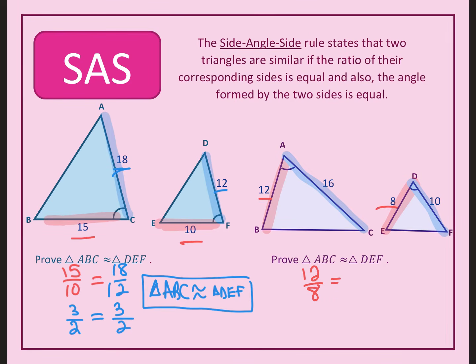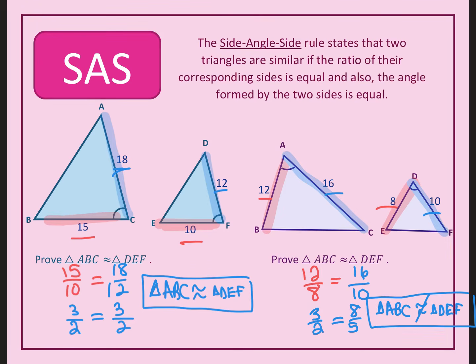Is it the same as 16 over 10? 12 over 8, if I were to reduce that, I get 3 over 2. And if I were to reduce 16 over 10, I get 8 over 5. These do not have the same ratio, therefore they are not similar. Make sure you write that down, that those triangles are not similar because they did not have the same ratio.